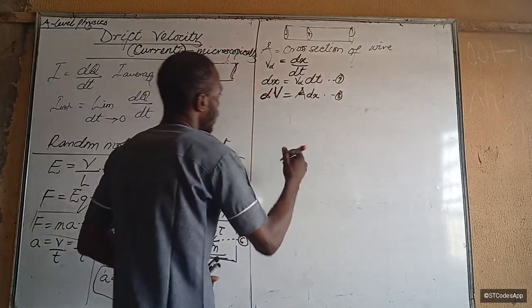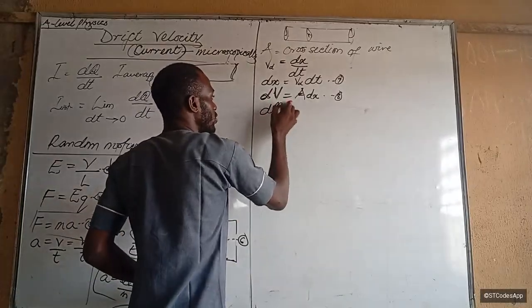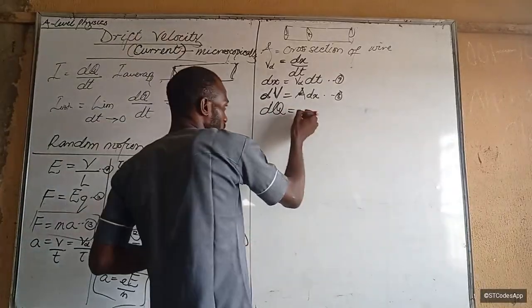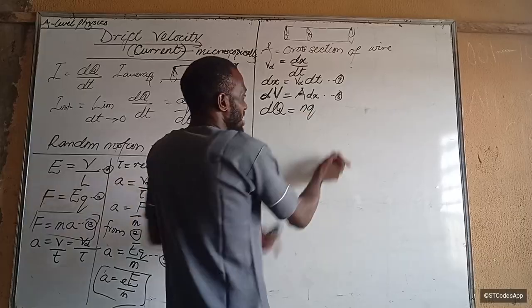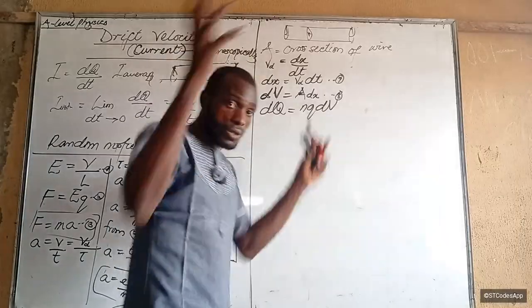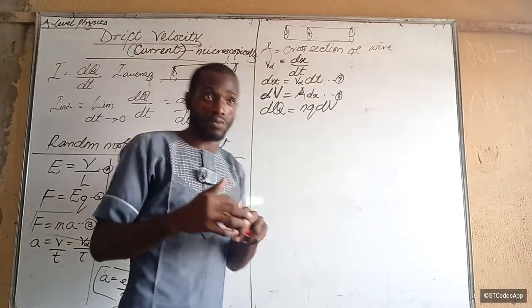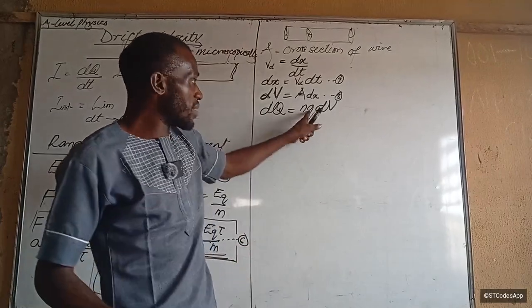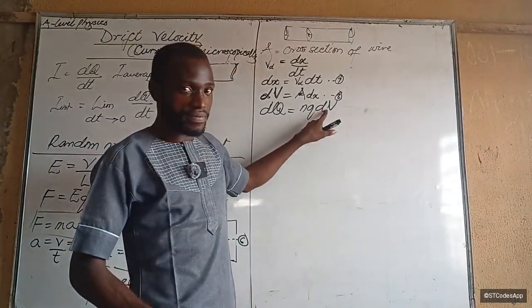Now, from here, the amount of charge in each packet of volume, that is dq, is going to be nq, the number of charge carriers, times the volume itself. The total charge in each small volume of electrons moving is the number of electrons moving, and remember I said it could be e in your own convention, times dV.